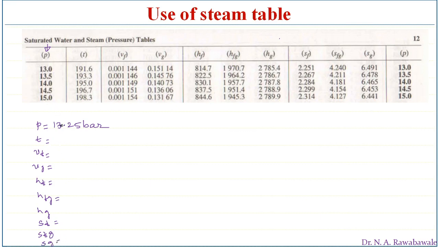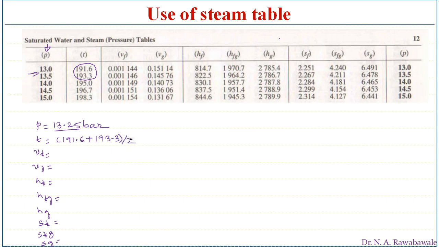So how to find out these values? 13.25 bar is not given in this table, but it lies here in between 13 and 13.5. Exactly, 13.25 is the average of 13 and 13.5. So always we will find the average of these two to find the temperature. So temperature we find like this: 191.6 plus 193.3 divided by 2.